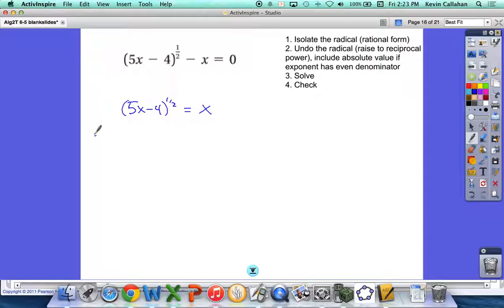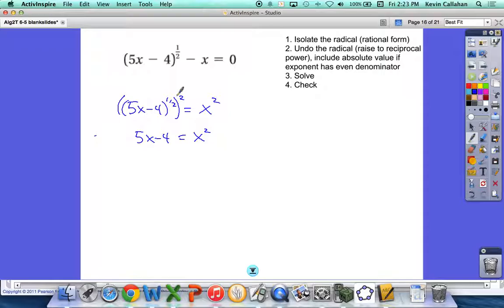What power will I raise both sides to? 2 over 1, which is 2. So now we've got 5x minus 4 equals x squared. Do I need absolute value symbols? No, the denominator there is 1, so we don't need it.